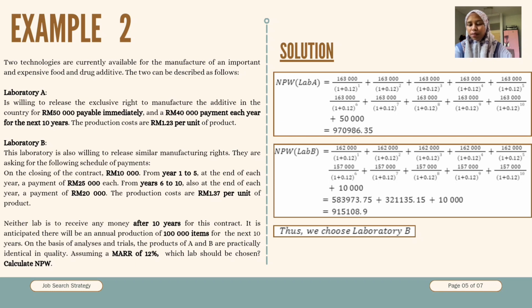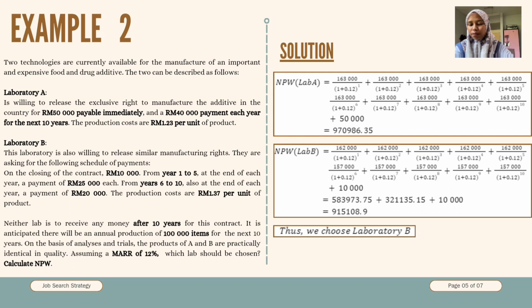and divide with the MARR to the power of the current year, for the first 5 years. Then for the next 5 years, which is years 6, 7, 8, 9, and 10, we need to multiply the 100,000 items with the 1.37 ringgit per unit and add the 20,000 ringgit.